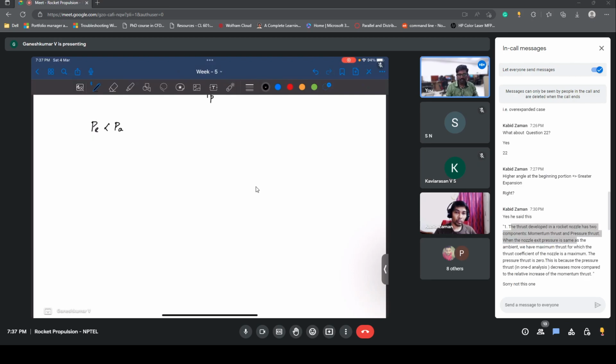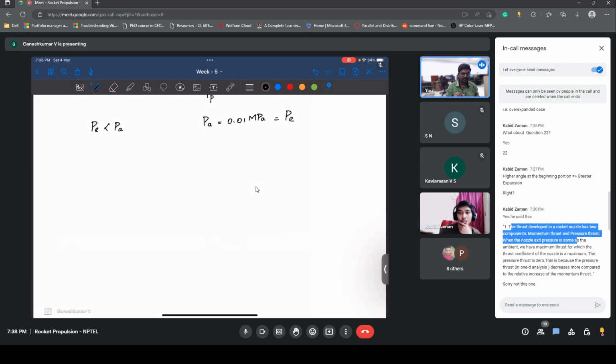In the question, it was said the nozzle is designed for an optimum expansion at an ambient pressure of 0.01 megapascal, which means my exit pressure will be 0.01 megapascal.